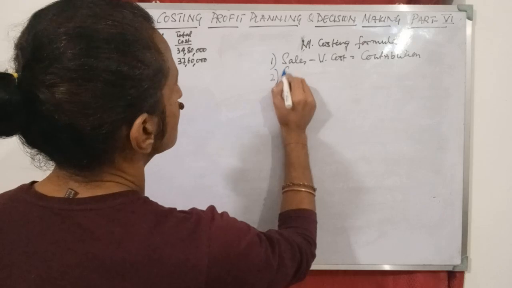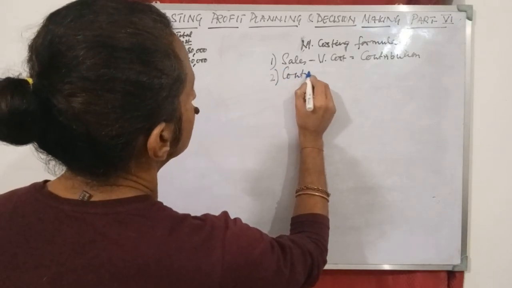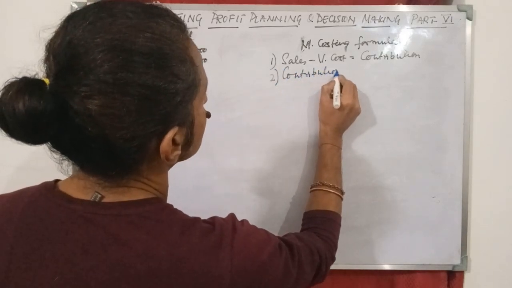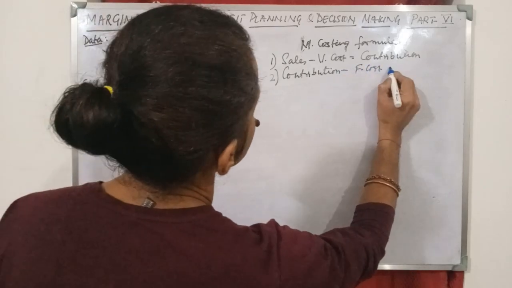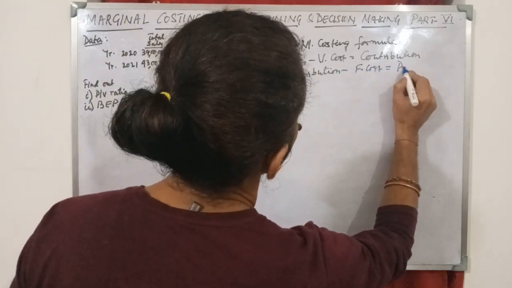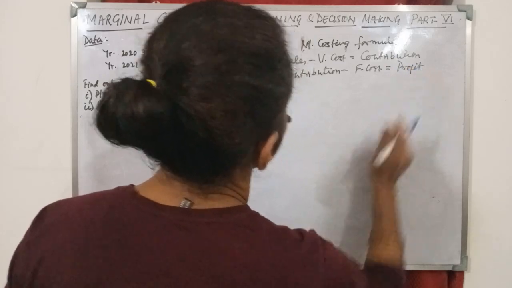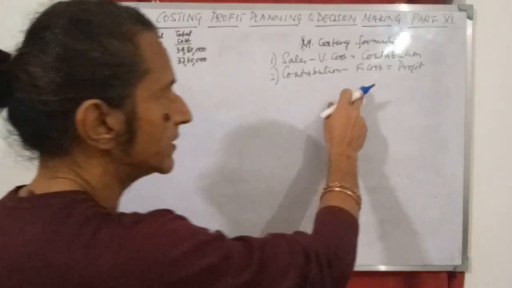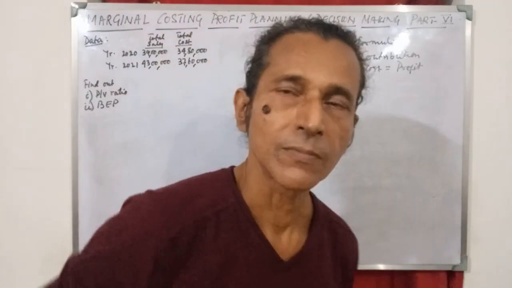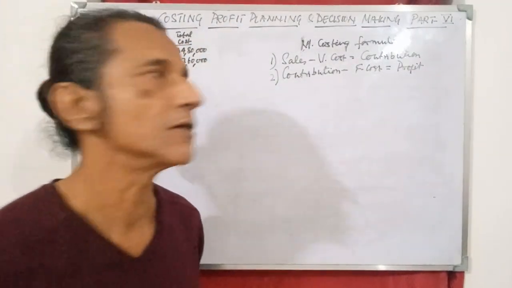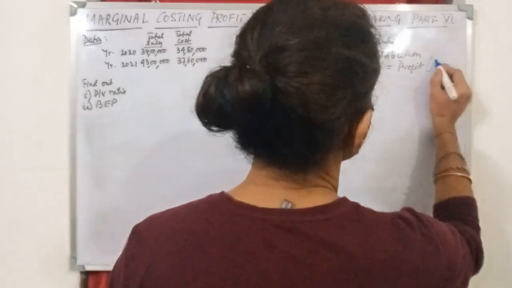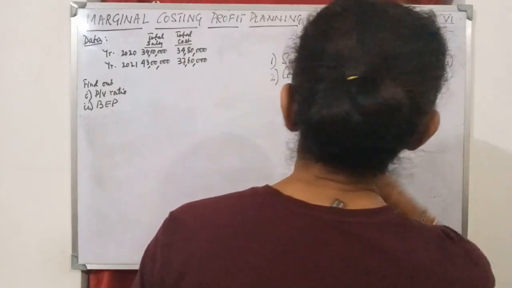Number 2, contribution minus fixed cost is equal to profit. That is, if contribution is more than fixed cost, then it is profit, and if contribution is less than fixed cost, it is loss. So it can be profit or loss.